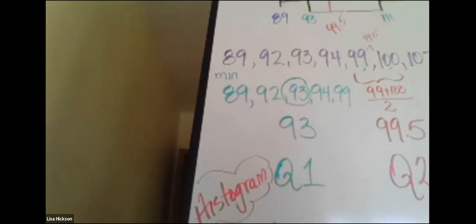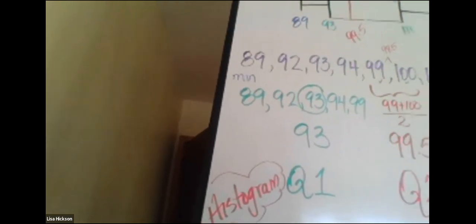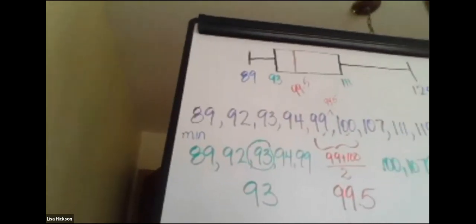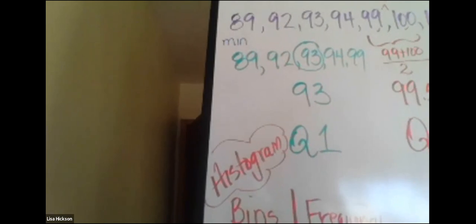So that's only 89. In the bin between 90 and 100, we count from 90 to 99. We have 92 to 99. So we had 92, 93, 94, and 99. So that frequency is going to be 4.